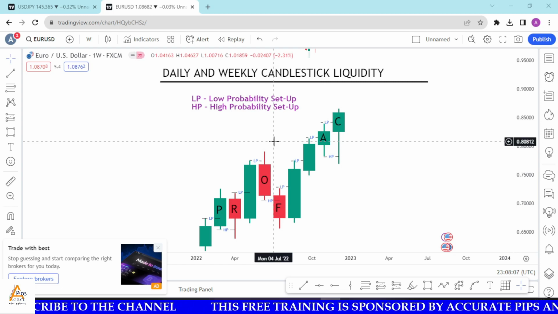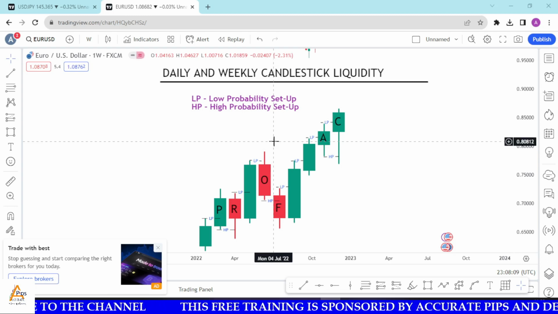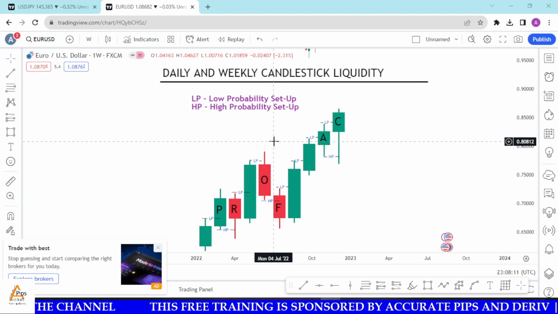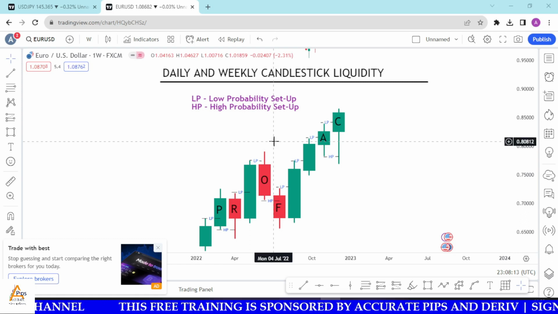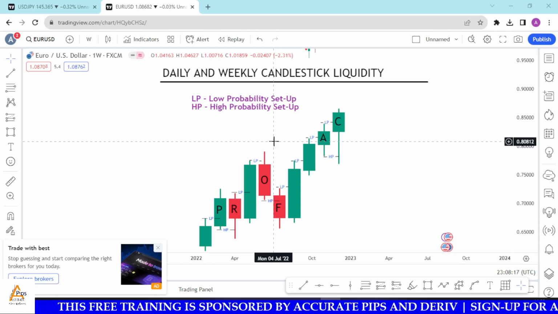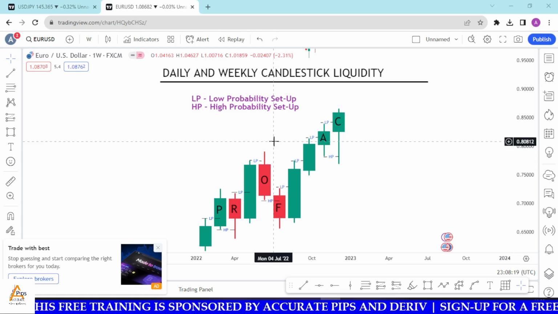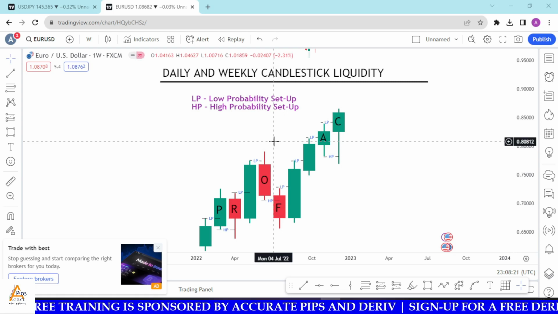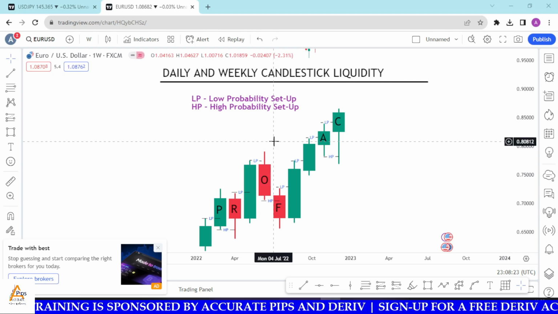All right, with that said, let's come back to the business of the day. So now, to locate daily and weekly liquidities, we need to identify the daily time frame structure or the weekly time frame structure.